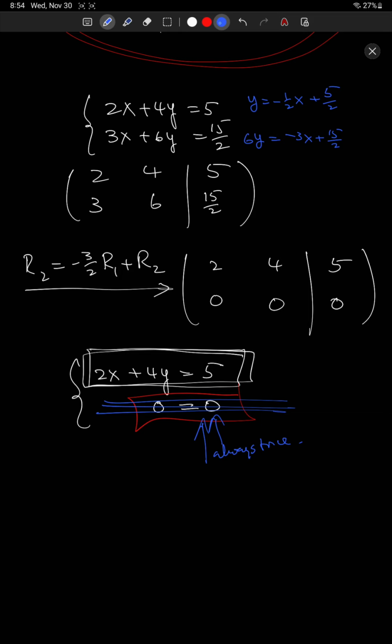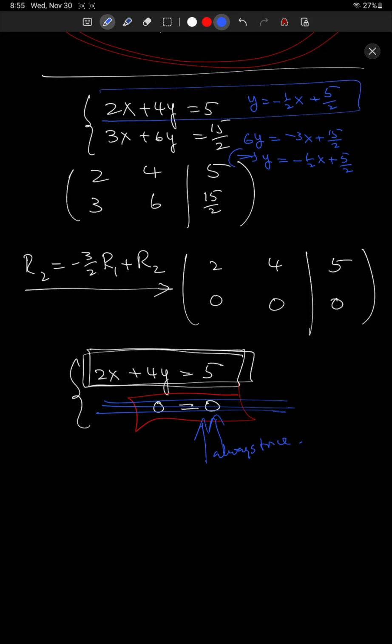It was correct. And down here, when I divide by 6, I get y equals minus 1/2 x plus 5 over 2, right? So equation 1 is a line. Equation 2 is literally the same line, right? Minus 1/2 x plus 5 over 2 for the first one. Minus 1/2 x plus 5 over 2 is the second one.